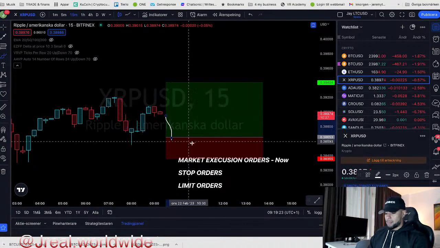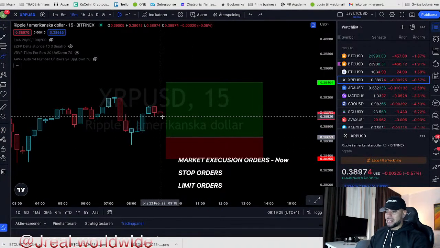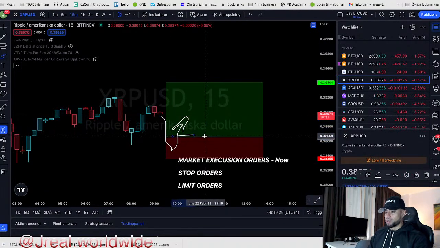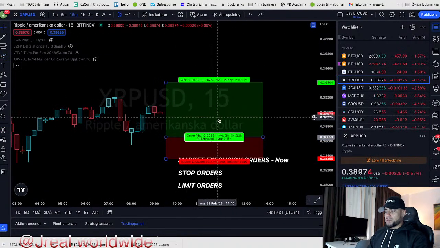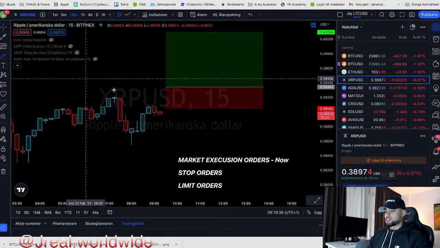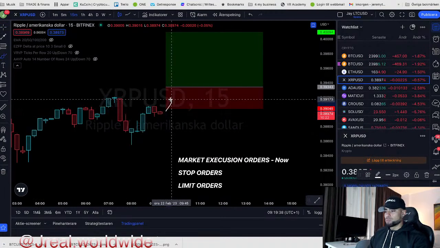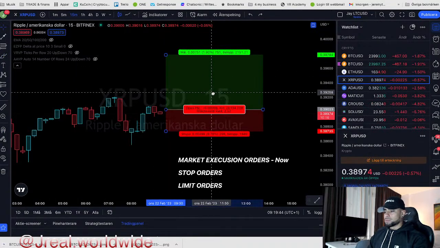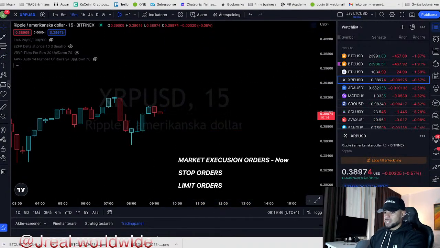Here you can only put a buy limit, because the market has to come down and then come back up and trigger the order. For it to be a buy stop, the market has to be underneath the entry level, and when it passes through, boop, it triggers the order. That's a buy stop.